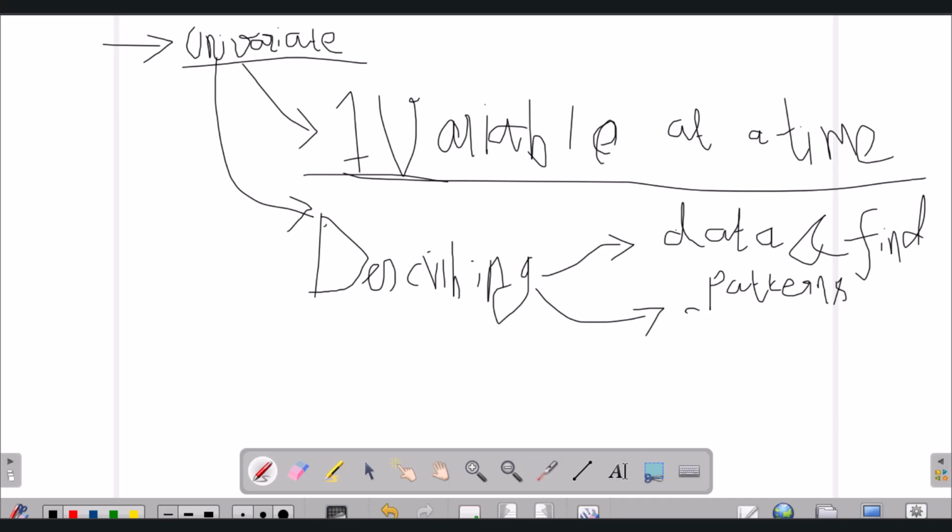Summarizing the statistics means maybe mean, median, mode, range, variance, and standard deviation, like that you can think of. I'm writing here so that it gives you clarity.